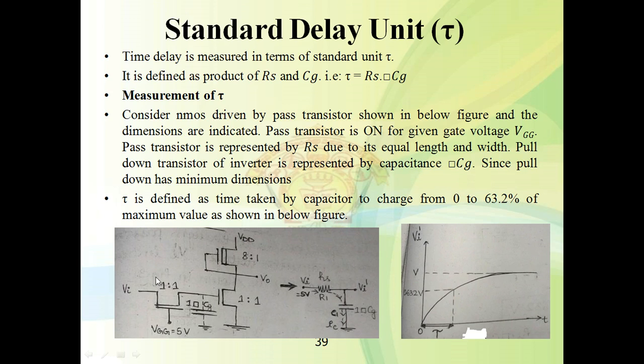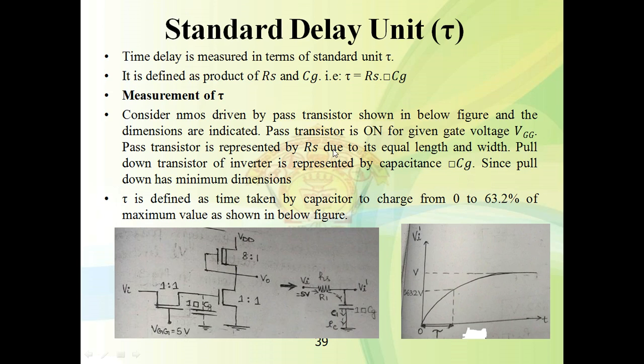The length to width ratio of the pass transistor is 1:1. For this inverter, the pull-up transistor has a length to width ratio of 8:1, and the pull-down transistor has a ratio of 1:1.